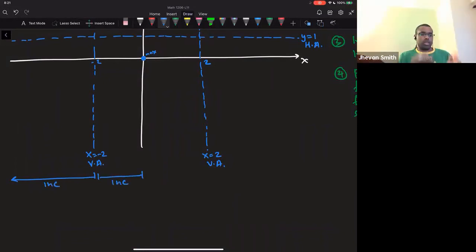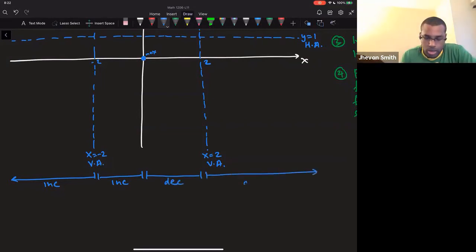I lined that up with where I know I'm increasing. So from -2 backwards, and between -2 and 0, I'm increasing. I am decreasing between 0 and 2, and I am decreasing after that. And that's how I'm filling in my intervals.